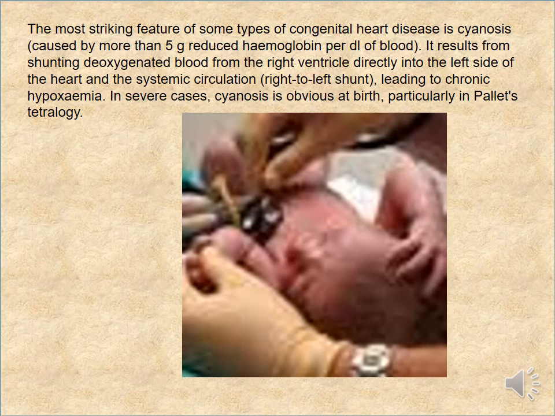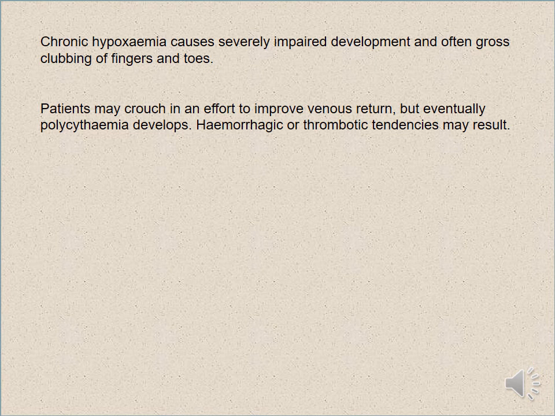In severe cases, cyanosis is obvious at birth, particularly in tetralogy of Fallot. Chronic hypoxemia causes impaired development and often gross clubbing of the fingers and toes. Patients might squat in an effort to improve venous return, but eventually polycythemia develops, and hemorrhagic or thrombotic tendencies may result.